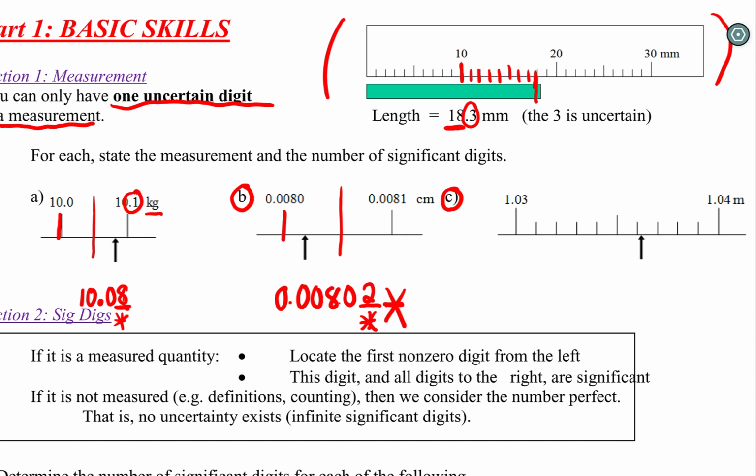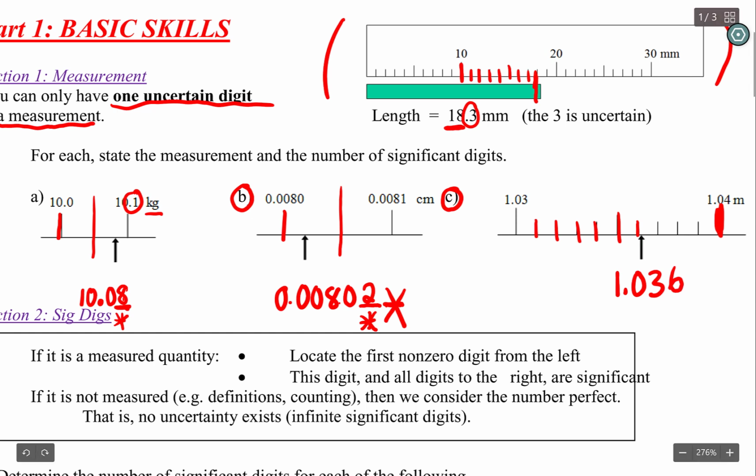Moving on to the next one. I know for sure that this is 1.03 something, because I know that this isn't 1.04, which is here. It's got to be less than that. So I count 1, 2, 3, 4, 5, 6. Now it's a little bit more than that.